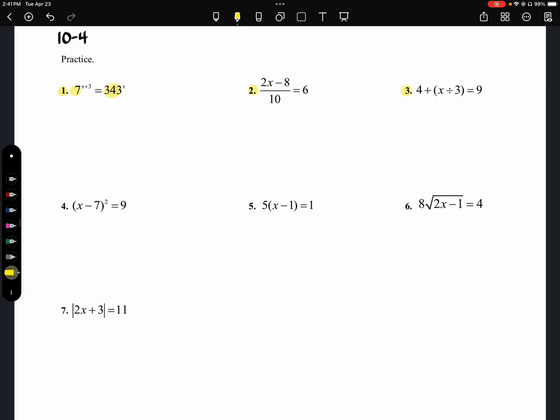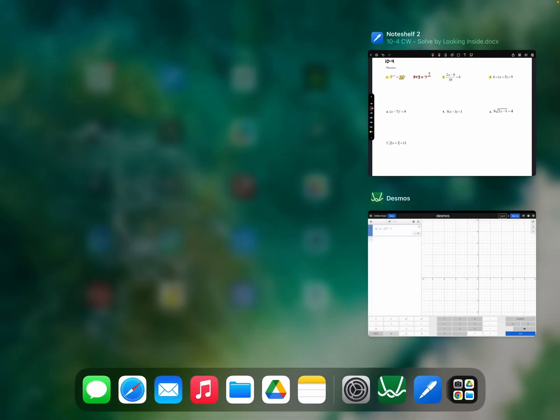Okay, so when we look at 7 and 343, let's look at the bigger number, 343. Can we write 343 as 7 to some power? Let's figure out what power that would be. You can get out your calculator.